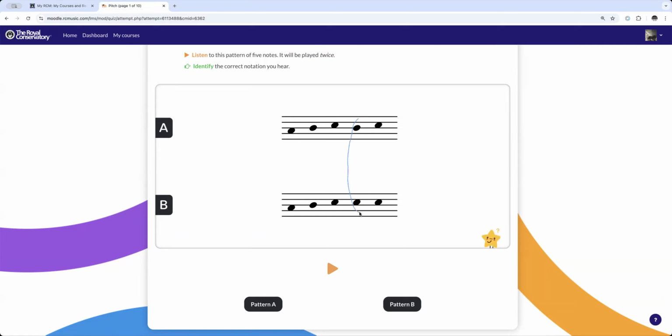Only those notes are different, and the rest of them are basically the same. This one is going up and then down and then up, and this one is going up and then plateau, just like this. So you're going to tell me which one I should choose here.